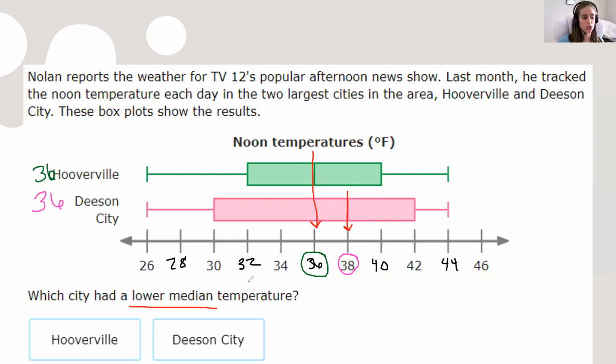And our question wanted to know which city had the lower temperature. Oops, I made a mistake when I wrote that. 38 for Decent City. I circled it, I just wrote it wrong. Well, 36 is lower than 38. Therefore, Hooverville is our winner. Hooverville has the lower median temperature.